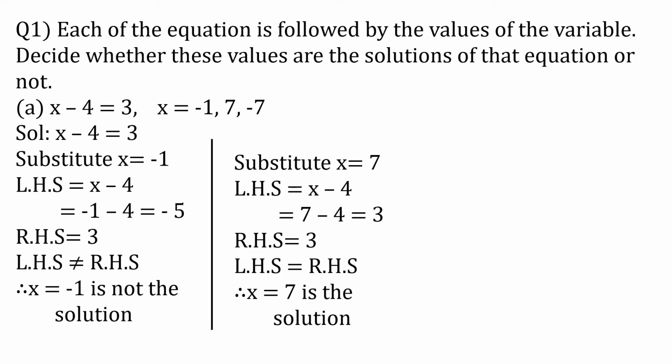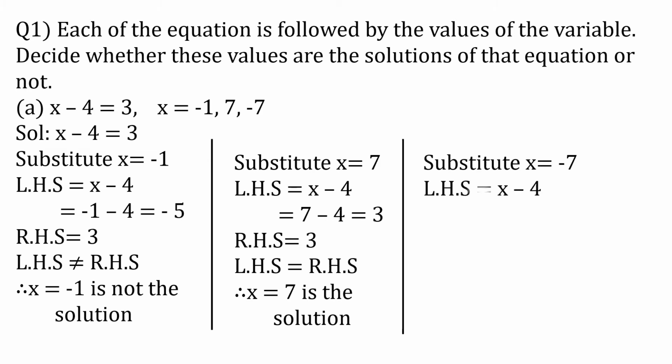Okay, student. Now third value which is given for x is -7. Let's substitute and find out whether it is solution or not. So substitute x equal to -7. So take left hand side expression, that is equal to x minus 4. Substitute in place of x -7. So you'll write down -7 minus 4.